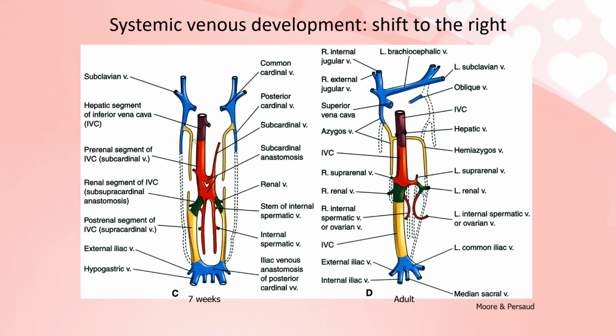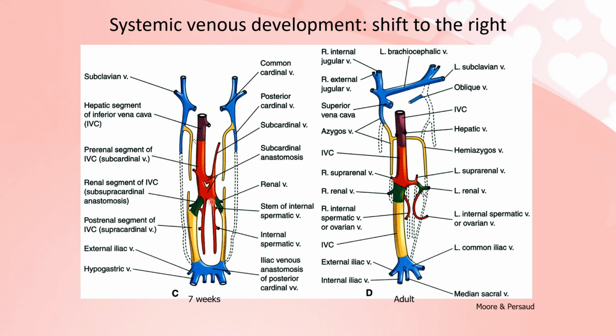So what happens next is that this one is the posterior cardinal vein. As I have told you, almost completely it disappears. The small part which remains forms the root of the azygous vein, and the right and left common iliac veins are formed by the posterior cardinal vein.